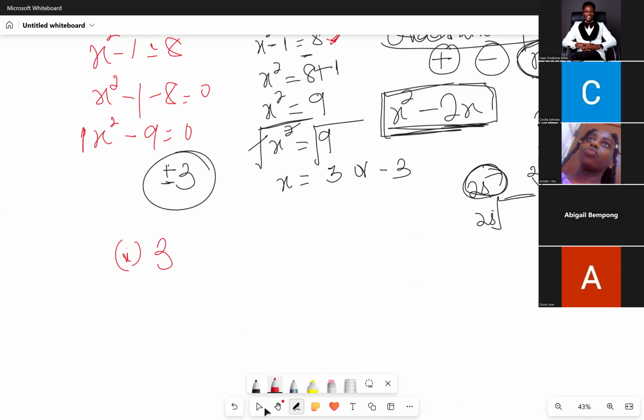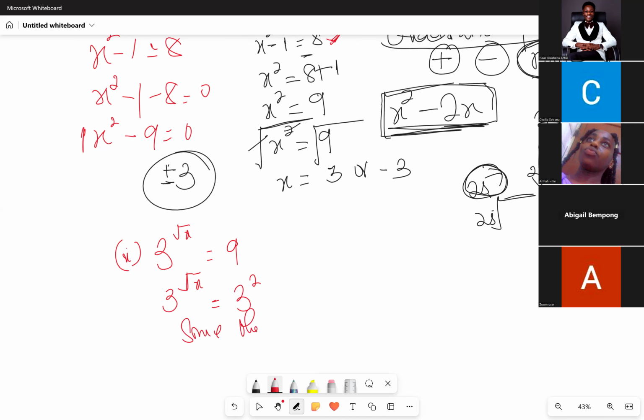Show me, how did you go about that? So 3 exponent root x is equal to 3 exponent 2. Is it x or root x? Root x, sorry. Okay.